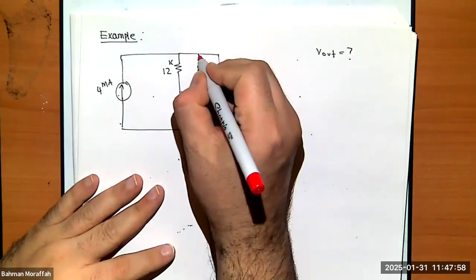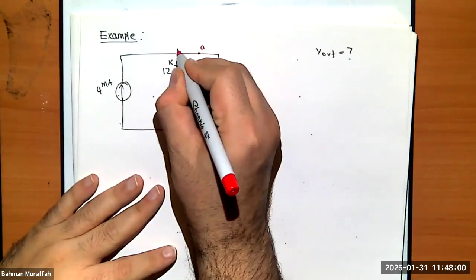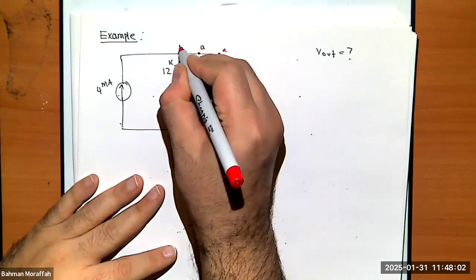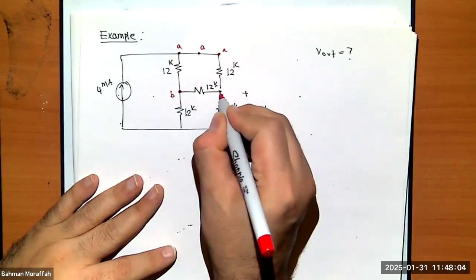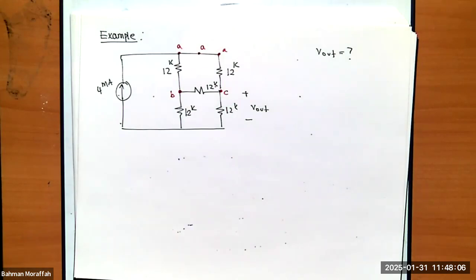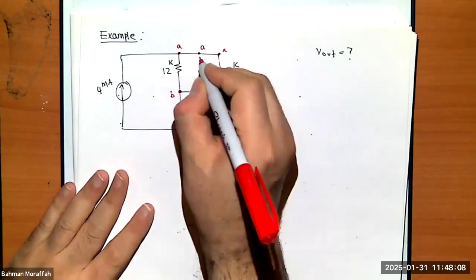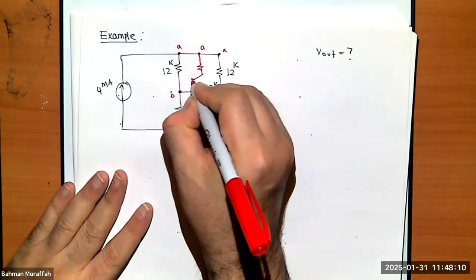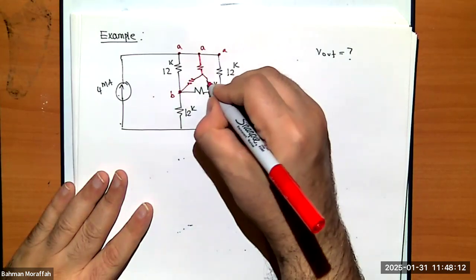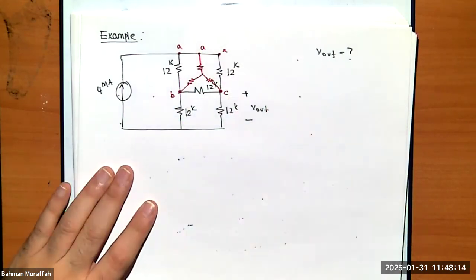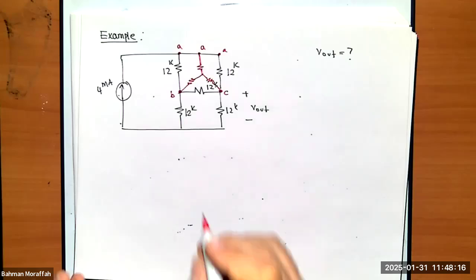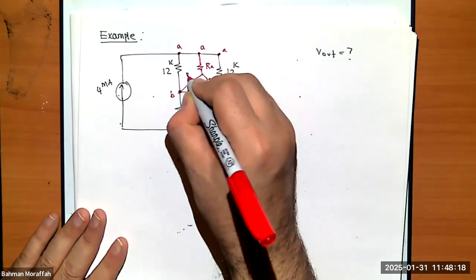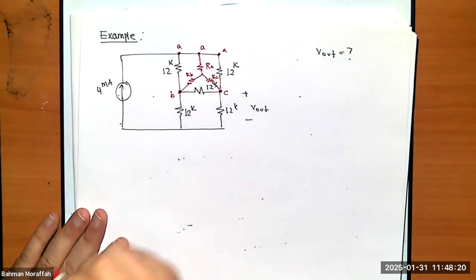Again, remember this is A, which is the same as this A, which is the same as this A. This is B, and this is C, right? I'm going to have that circuit replaced by this. Let's call these RA, RB, and RC.